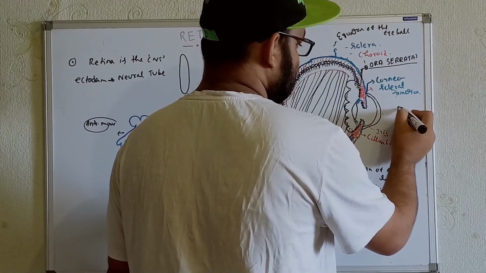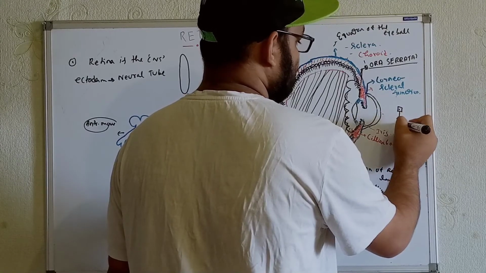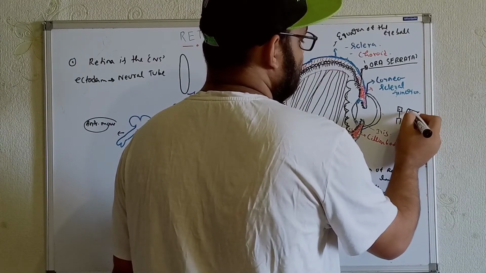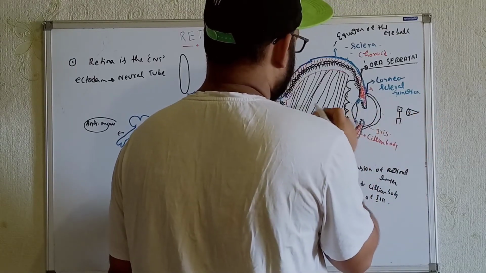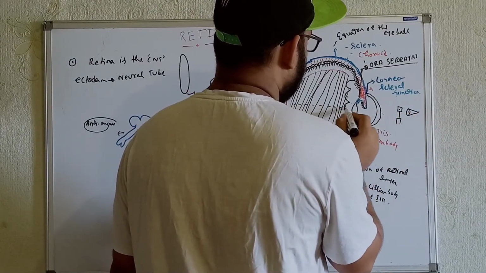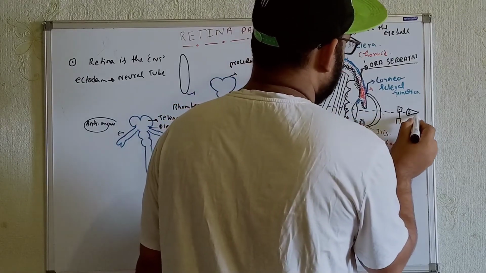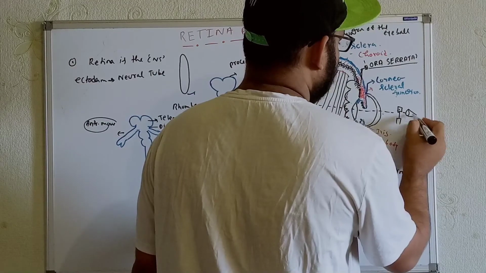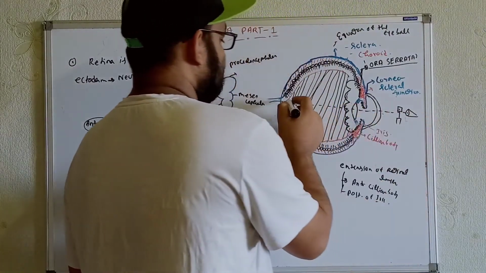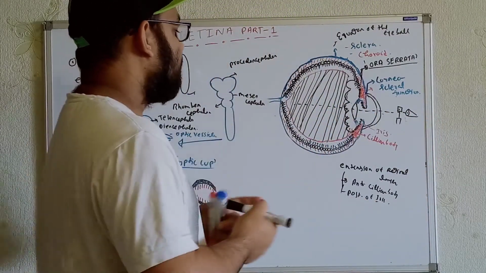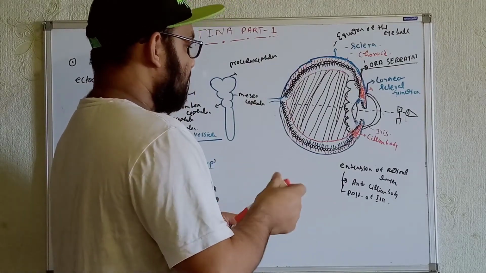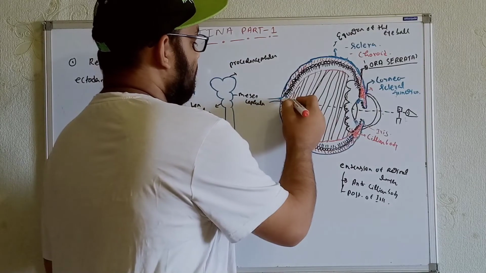This is the ophthalmoscope, this is the eye of the ophthalmologist, and he is trying to see the structures over here. He will see directly through the lens, as all the rays go through. Through the lens he will be able to see this structure, which is known as the optic disc. So the ophthalmologist will be able to see the optic disc.